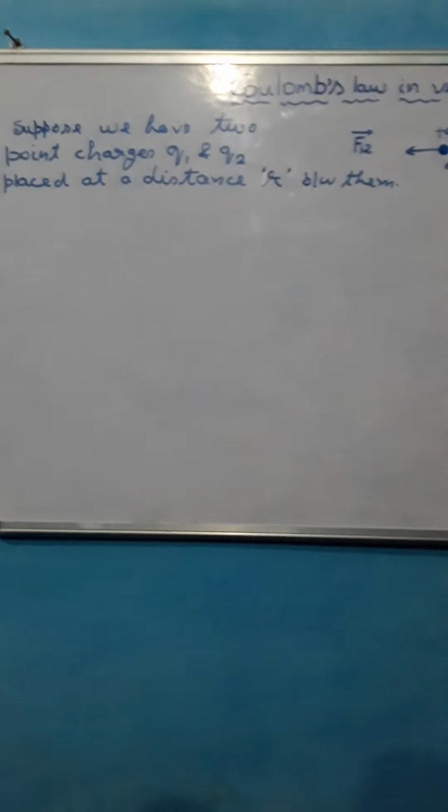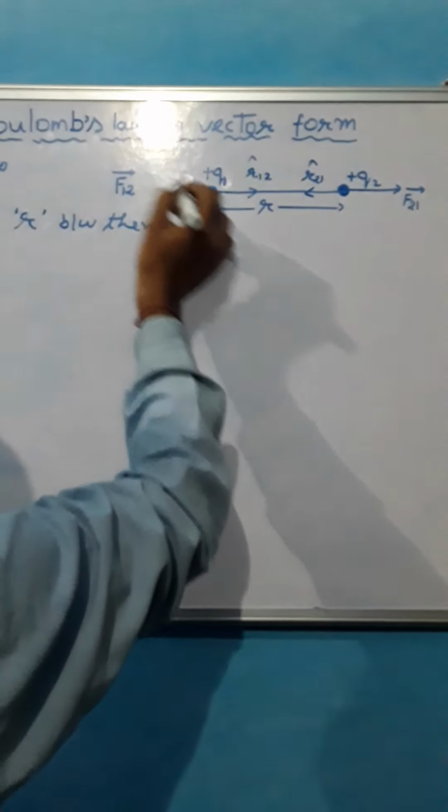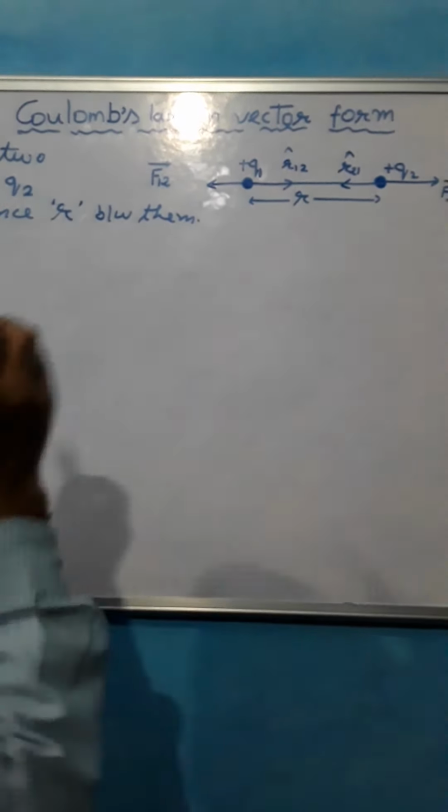Let's see how I can write down Coulomb's law in vector form. Suppose on point charge Q1, I write down the force F12. What is the meaning of this?